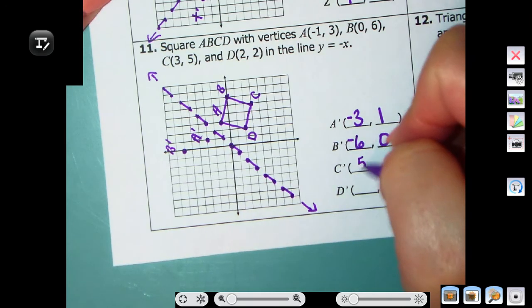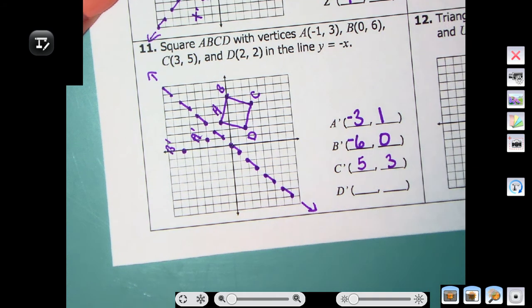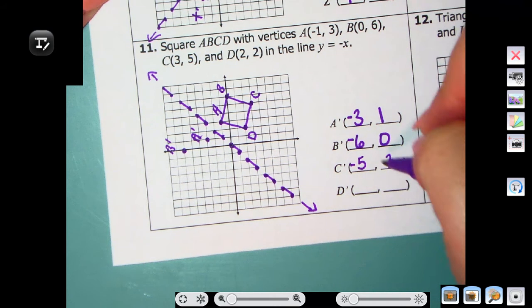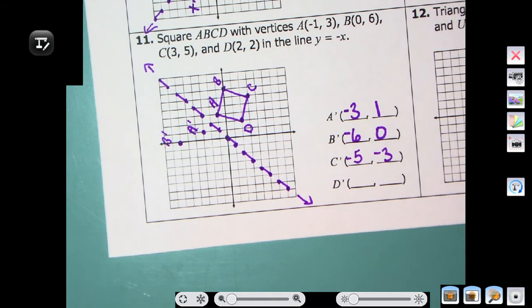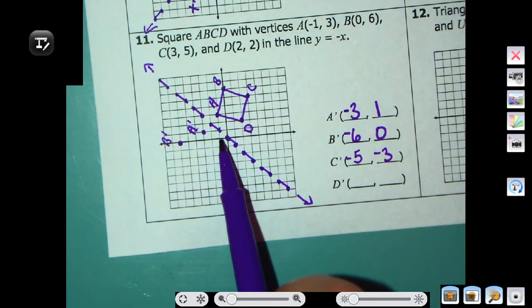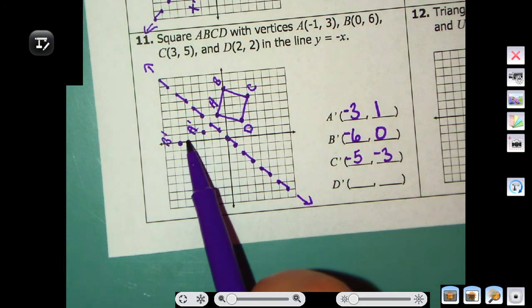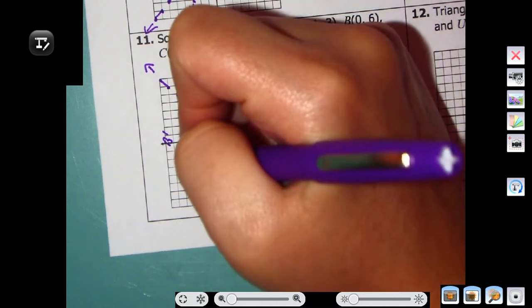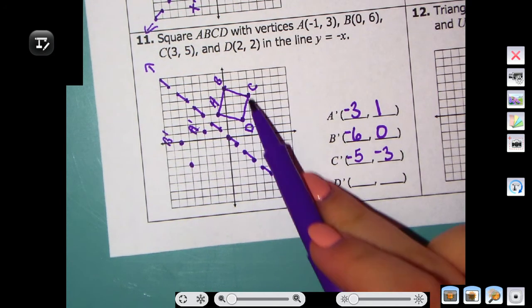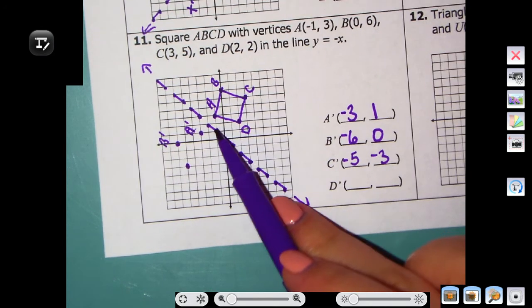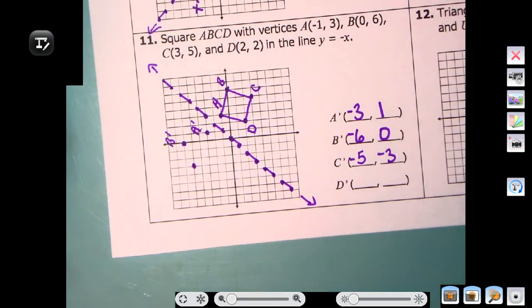So I'm going to go 5, 3, but then I'm going to make them both negative. So that's going to become 1, 2, 3, 4, 5, and then down 1, 2, 3. And you can see they are the same distance, just a little bit harder to tell.